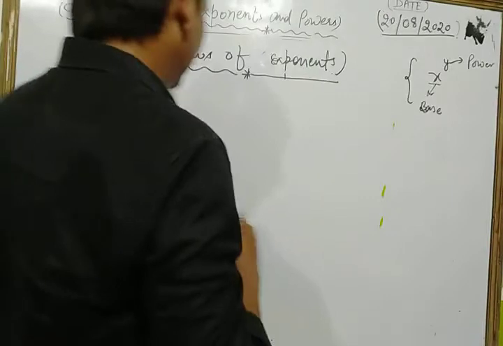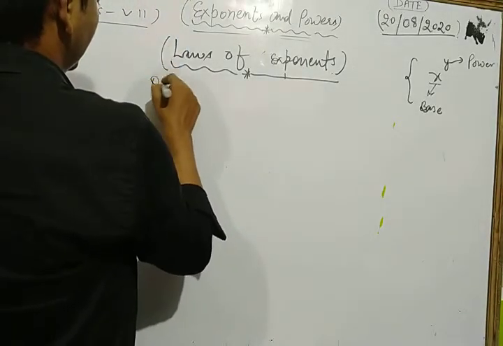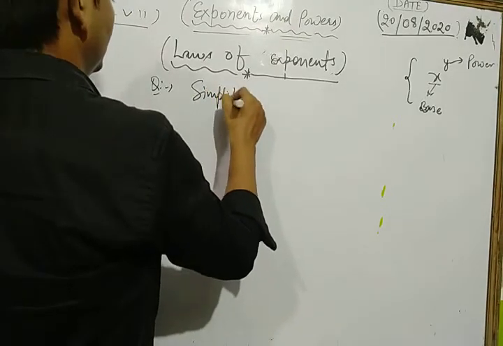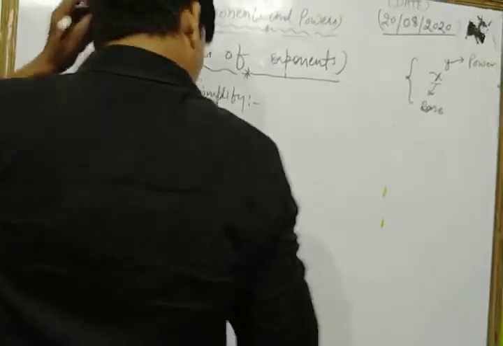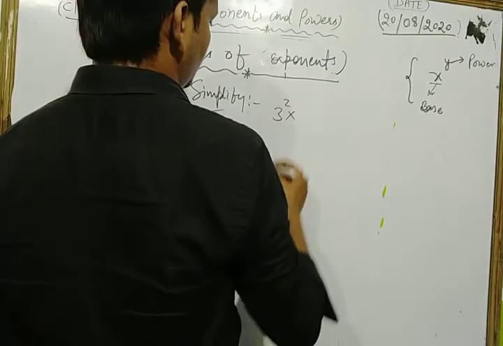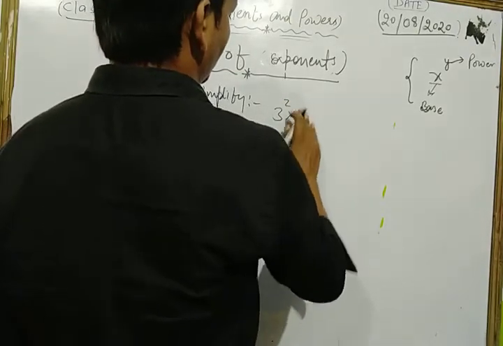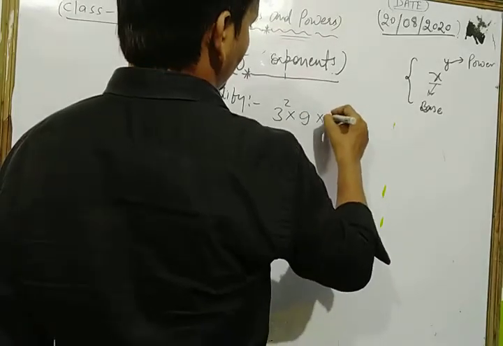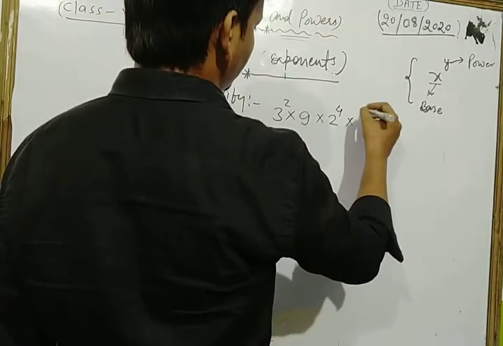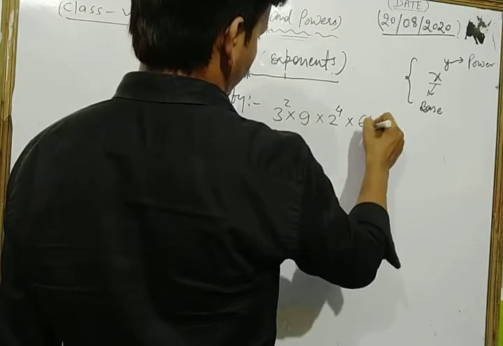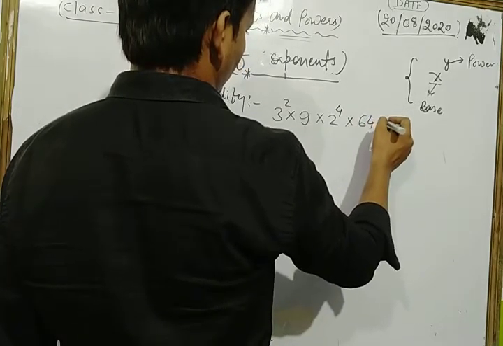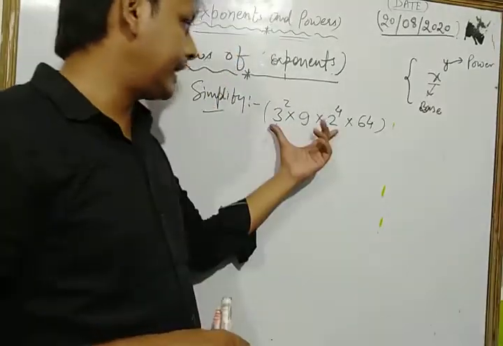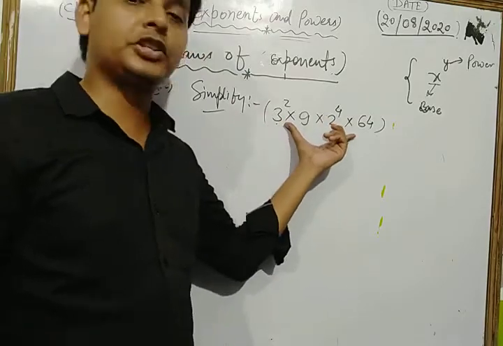Dear student, take a question. Simplify 3 square into 9 into 2 to the power 4 into 64. Means we write the given expression in exponent form.